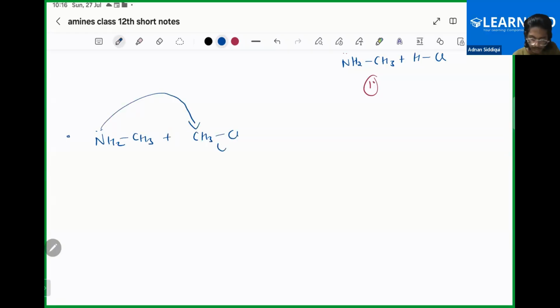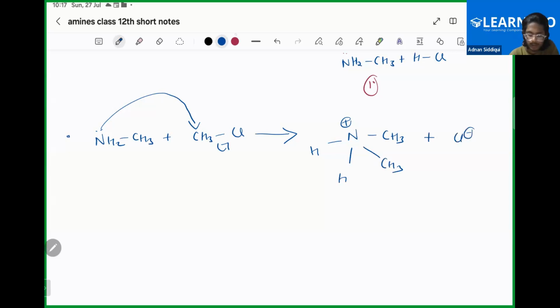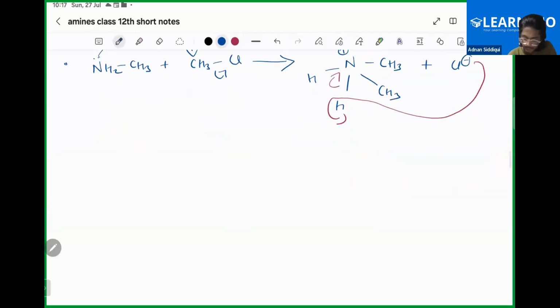It will again attack, same as the previous one. Okay, Cl negative is removed. This will abstract this hydrogen again to neutralize this.